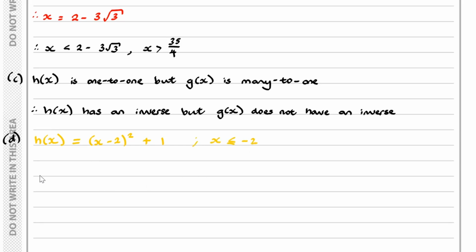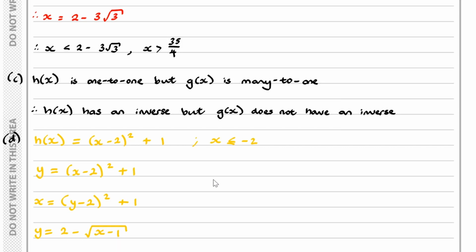So if we replace the h with y, we have y equals (x - 2)² + 1. Replace the x and y, swap them round. We have x equals (y - 2)² + 1. Rearrange for y, that's equal to 2 minus the square root of x - 1.